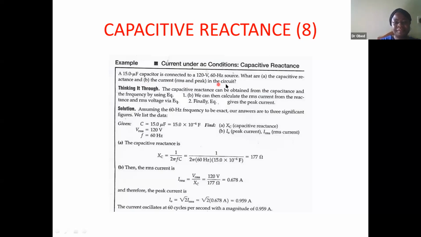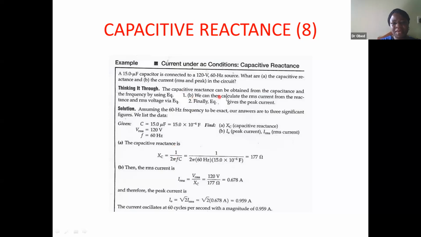So the formulas you need are given in equation 1, equation 2 and equation 5 that we had last week. The capacitive reactance can be obtained from the capacitance and the frequency by using equation 1.